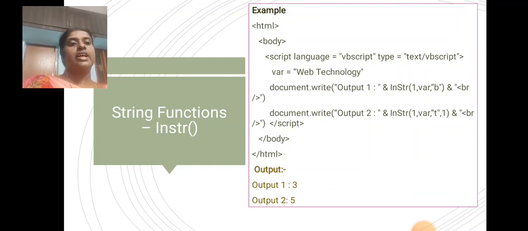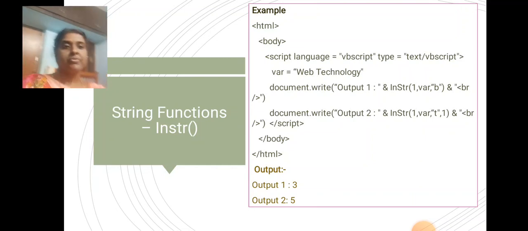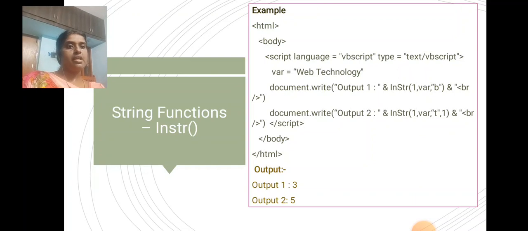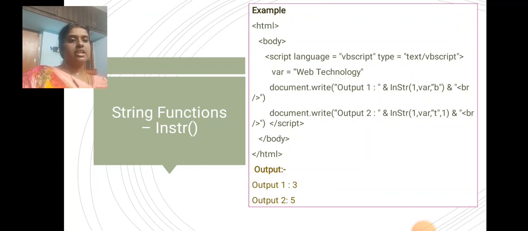Next I am going to invoke the same InStr function with 4 arguments: 1, var, t, 1. That means I want to begin the search from the first position in the variable var. I am going to search for the character t and I want to perform a case insensitive search, that is, a text search.